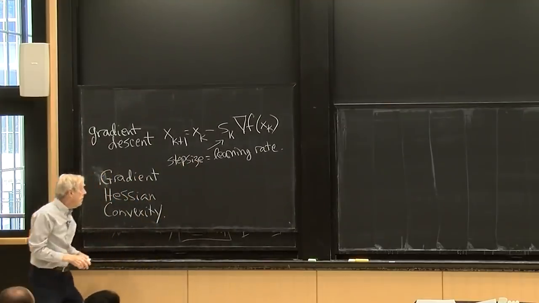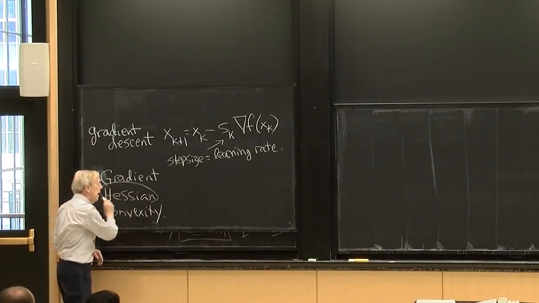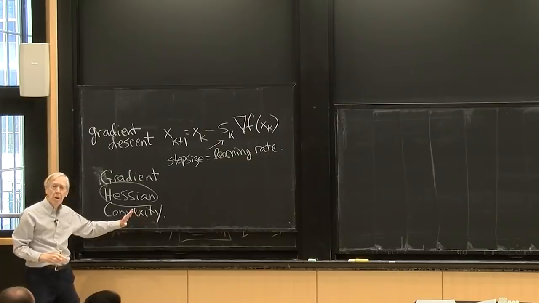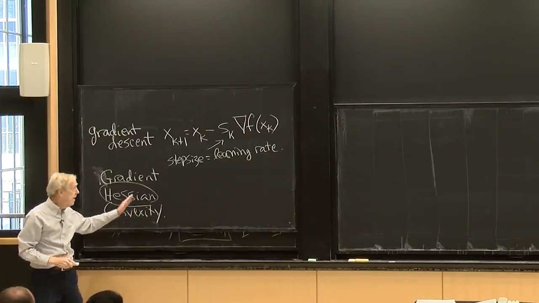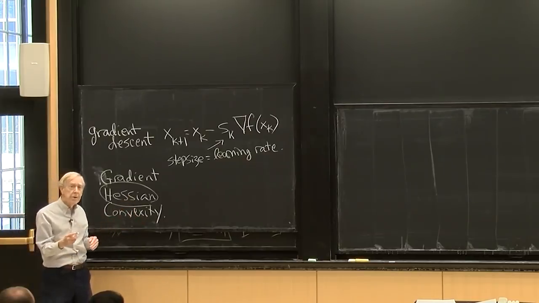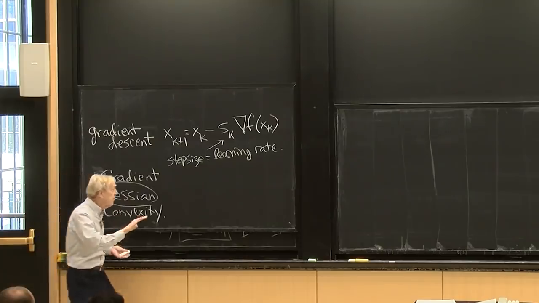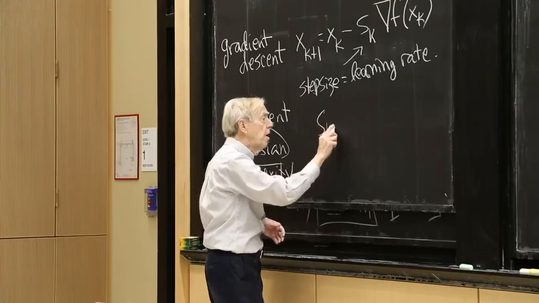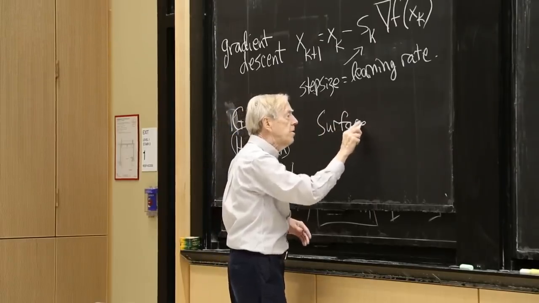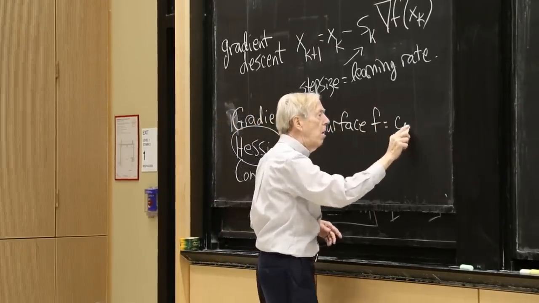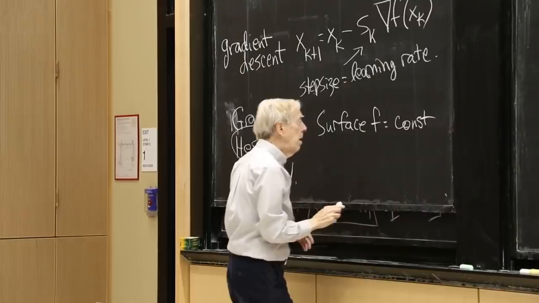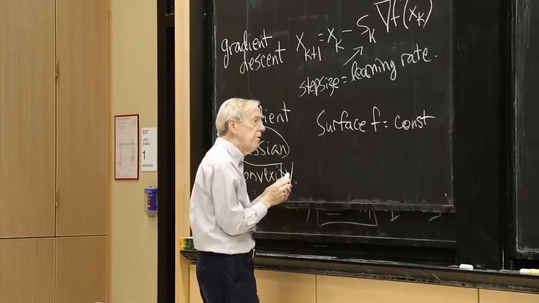Okay. And what's the Hessian telling me about the surface? What if I take the matrix of second derivatives? So I have this surface, so I have a surface f equal constant. That's the sort of level surface.